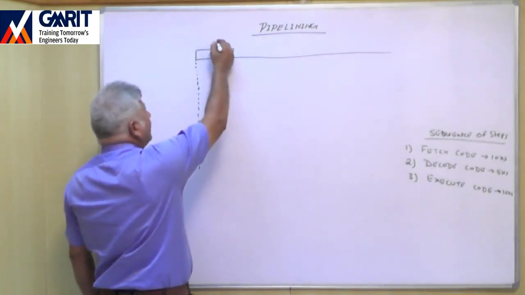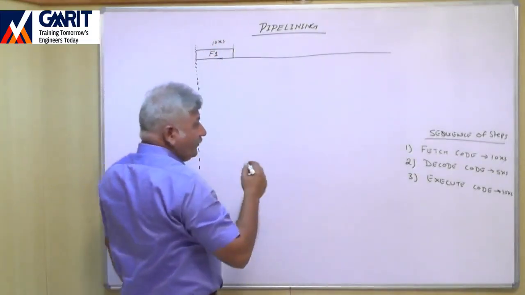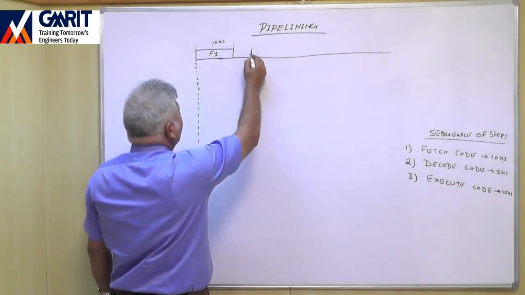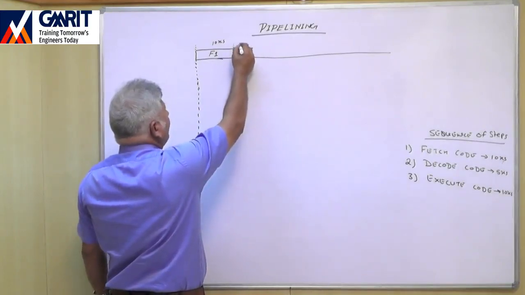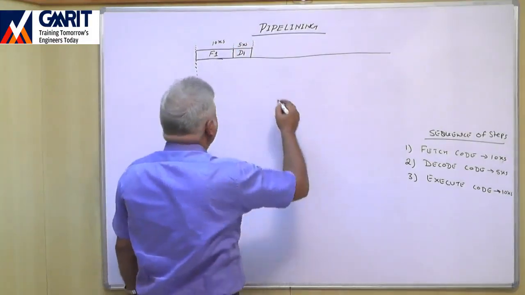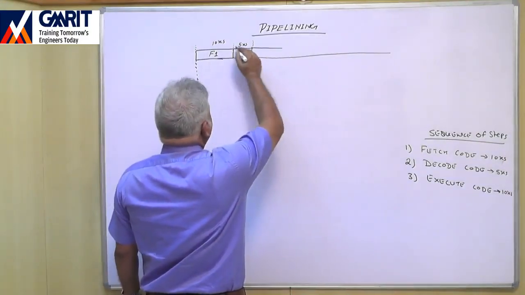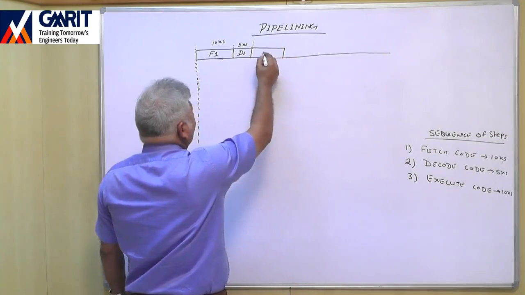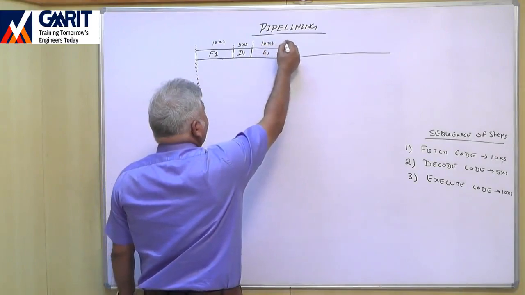This is 10 microseconds. Then it will decode the code, which is 5 microseconds. This is decoding of the first code. After this it will execute the code. Execution is also 10 microseconds. So this is execution of the first code, and it requires 10 microseconds.